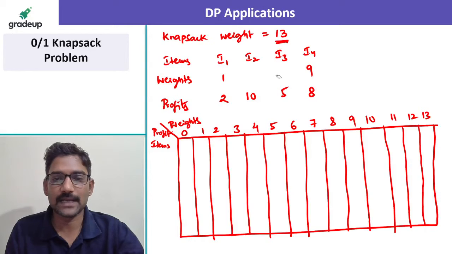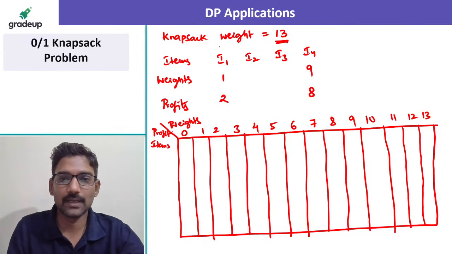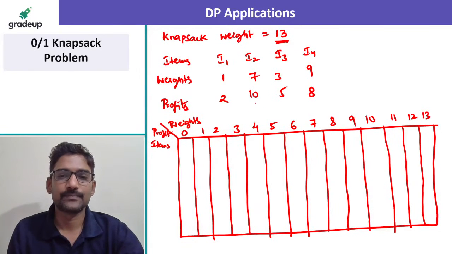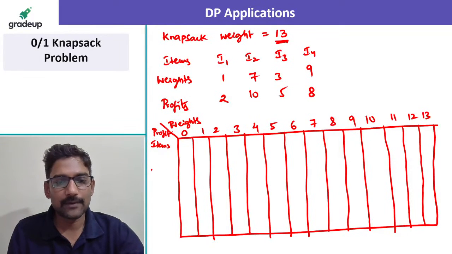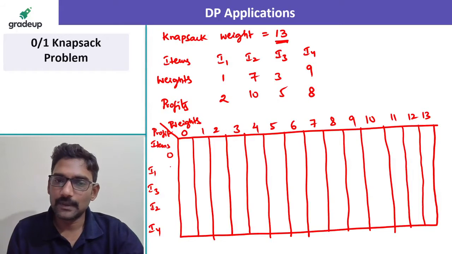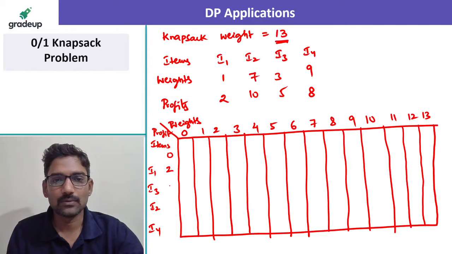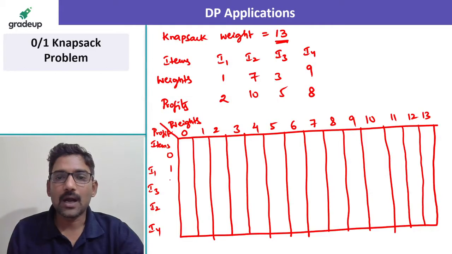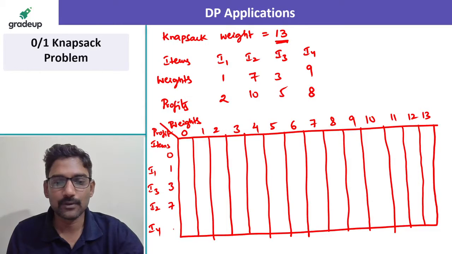Suppose I exchange them like 7, 3, 10, 5, something like this, then we arrange in ascending order: I1, I3, I2, I4. We will take 0 as well. Why 0? I will tell you. What is the I1 weight? 1. I3 weight 3. I2 weight 7. I4 weight 9.